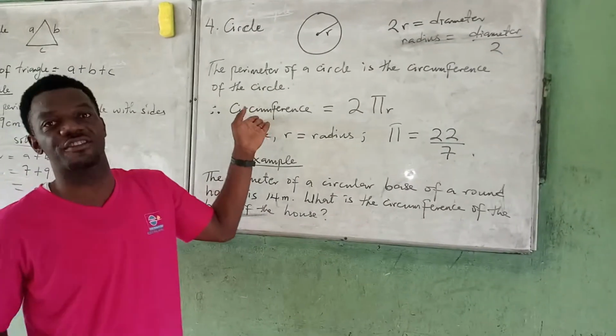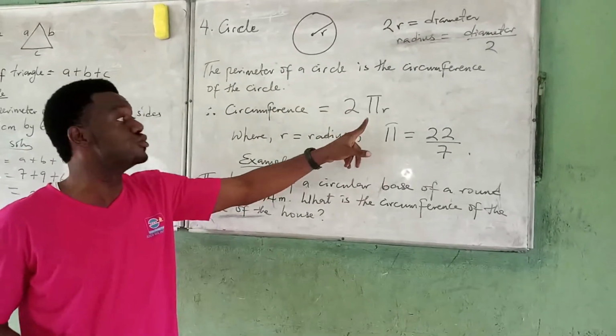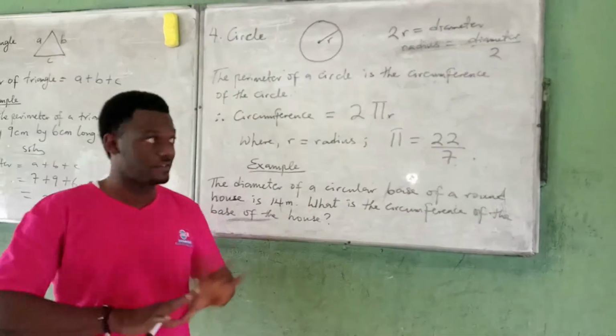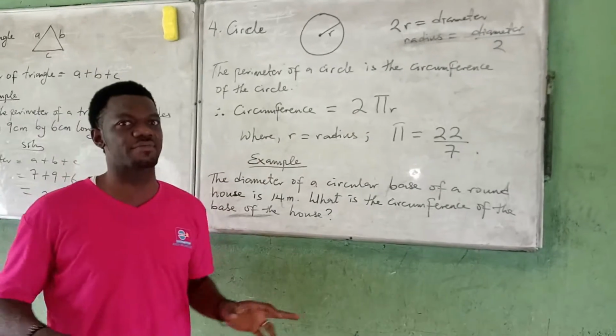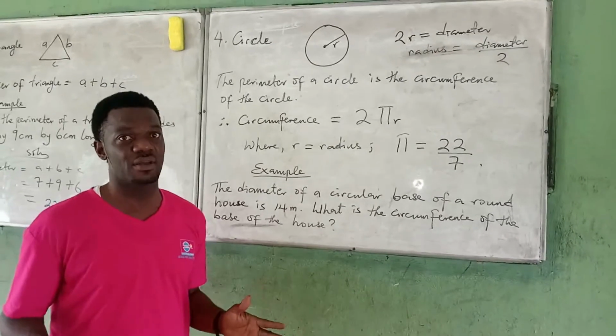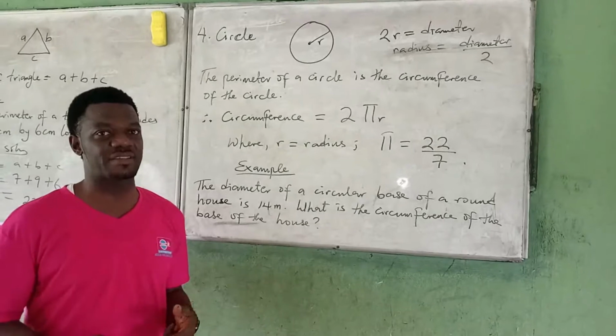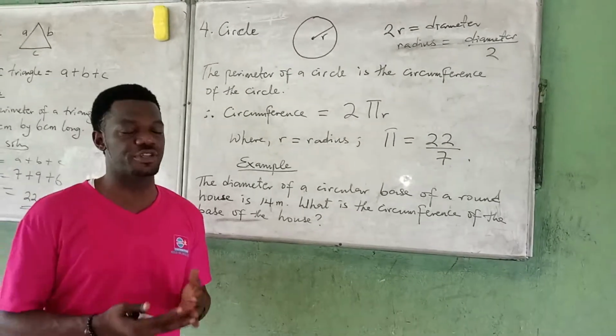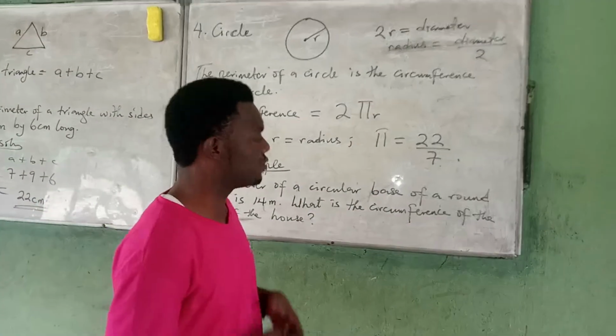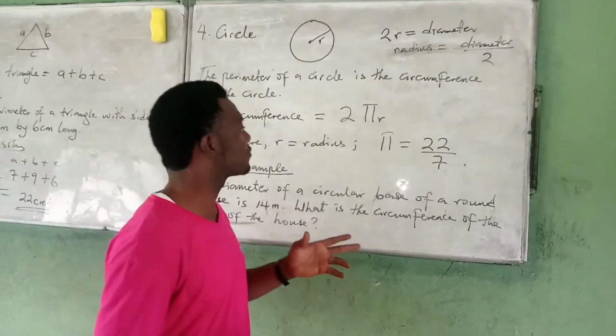And then the formula for the circumference of the circle is equal to 2 pi r. That's the formula. It's very important to know these formulas, because mathematics has to do with formulas. Once you know the formulas, you have known how to solve it.